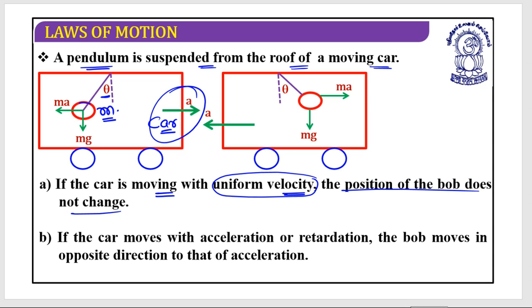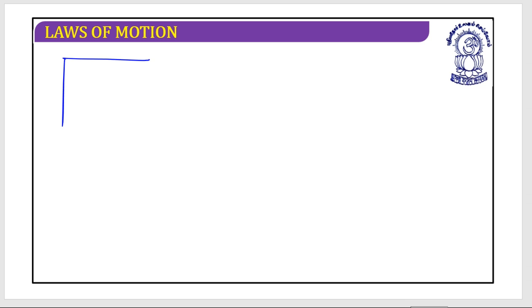But if the car moves with acceleration or retardation, the bob moves in the direction opposite to the acceleration. So if the car is moving with acceleration a naught, then initially the bob was at this position, and now the bob will move in this direction. Yes, this is the angle theta.